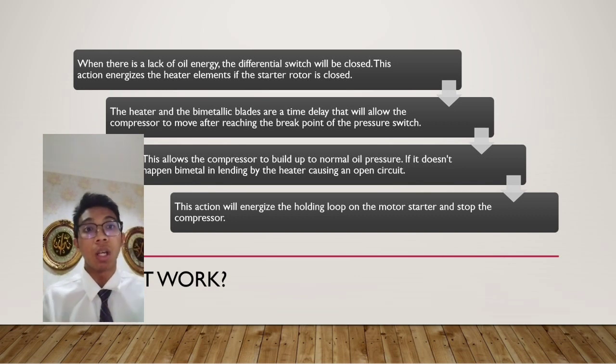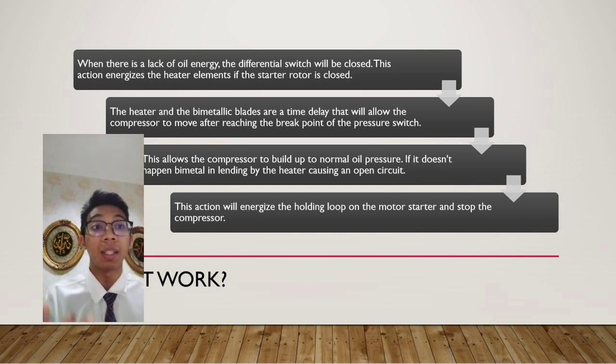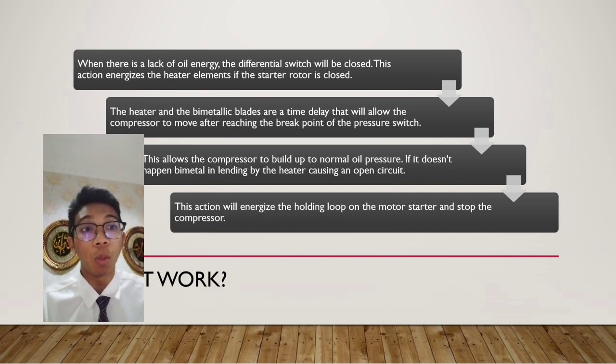This allows the compressor to build up to normal oil pressure. If it doesn't happen, the bimetal, heated by the heater, causes an open circuit. Lastly, the action will energize the holding loop on the motor starter and stop the compressor.